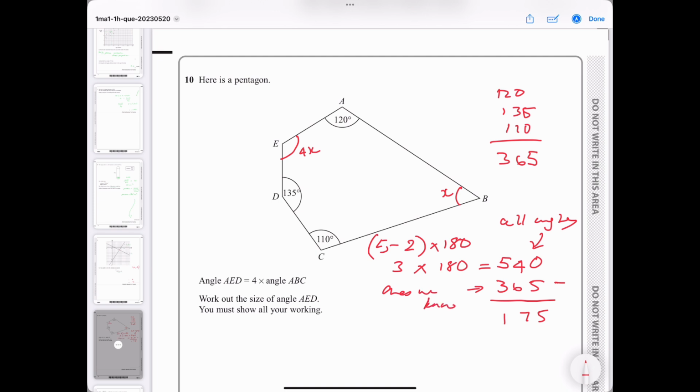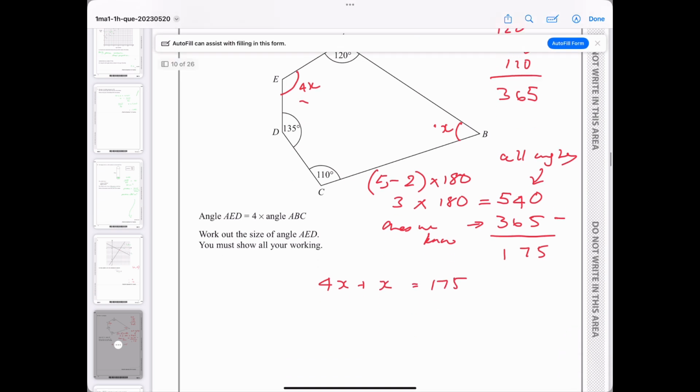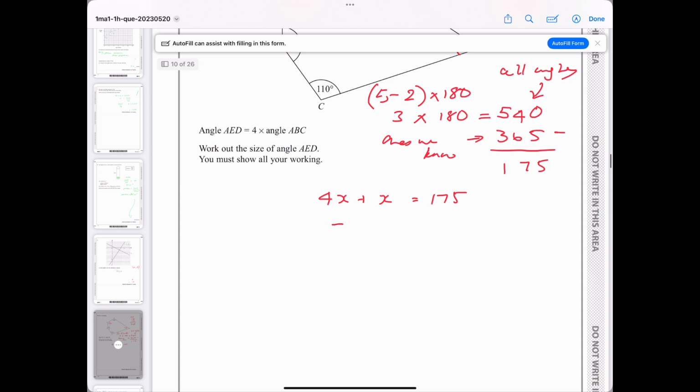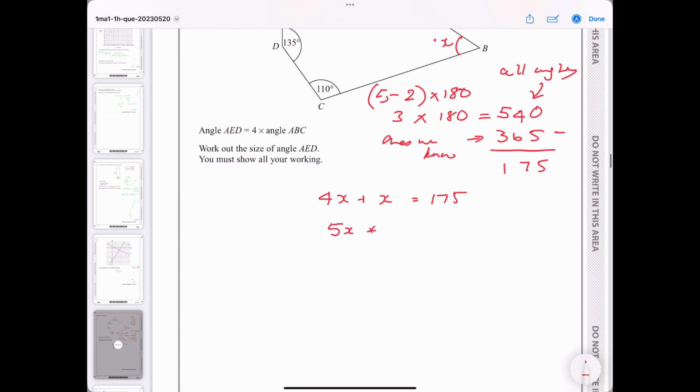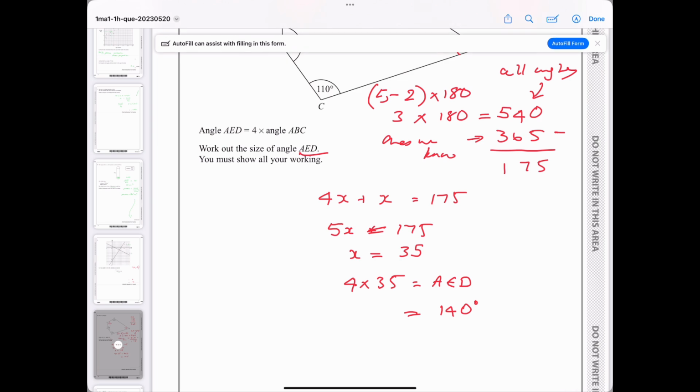This means that 4x plus x equals 175, so 5x equals 175. Just divide that by 5 and we get 35. And so AED is 4 times 35, which is 140 degrees. And that's how we do that.